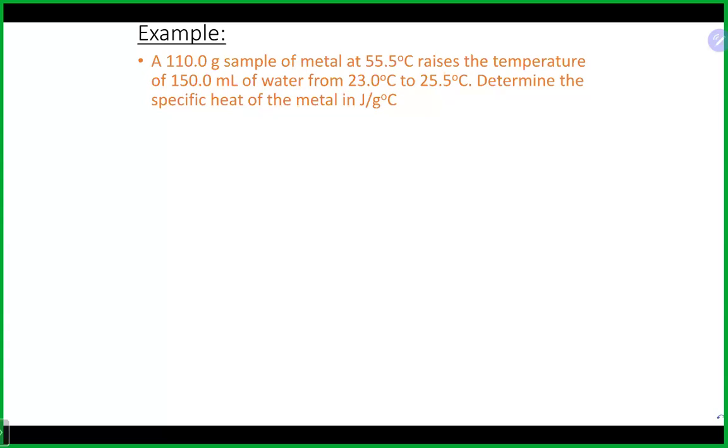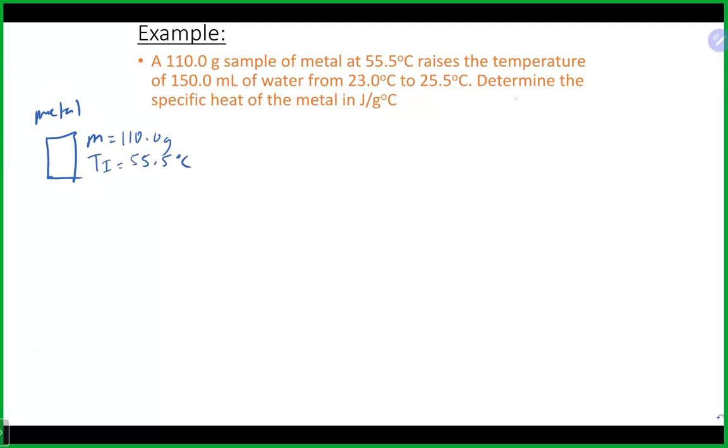So this is really the same situation we were talking about at the very end. We have a metal here, and we know the mass of the metal here is 110 grams. We have an initial temperature of the metal, which is 55.5 degrees Celsius.